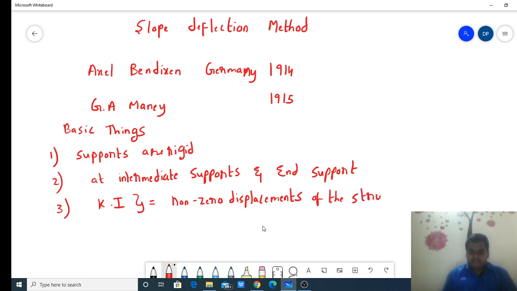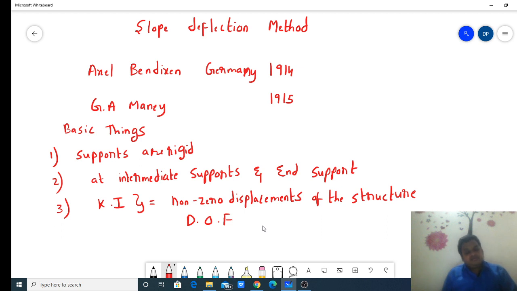This is nothing but your kinematic indeterminacy, and it is also called the degrees of freedom, right? This you need to keep in mind, and consider it when it has to be applied.